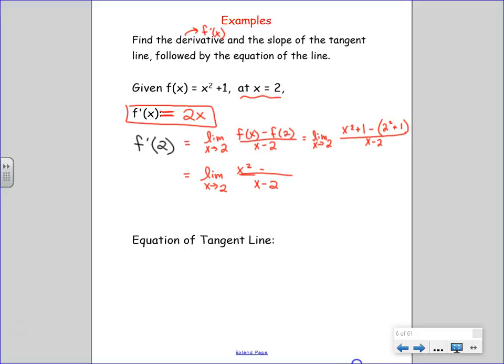We can factor it. So we can say the limit as x approaches 2, x plus 2, x minus 2. I'm removing the x minus 2. I kept writing my limit because I'm smart like that, so that I can remember now at this point, how do I finish this problem? Plug it in, and my final answer is 4.